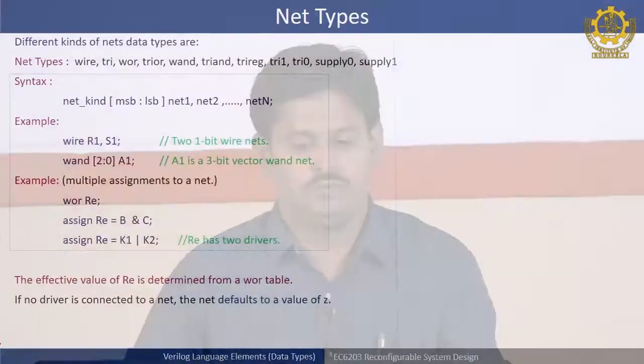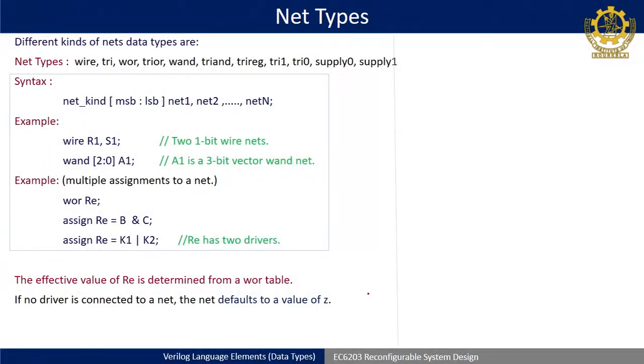Now coming to net type, the different data types supported are wire, which is the most commonly used data type. Wor, trior stands for wire or.